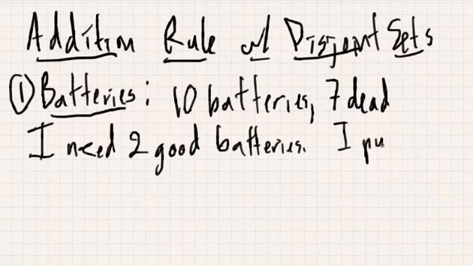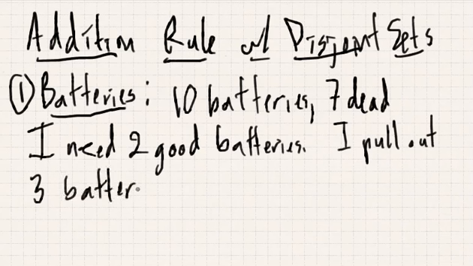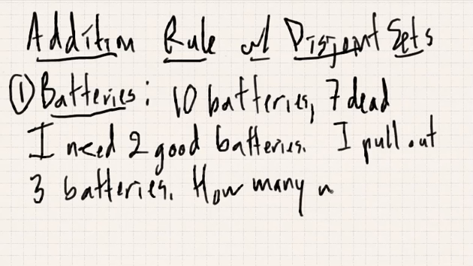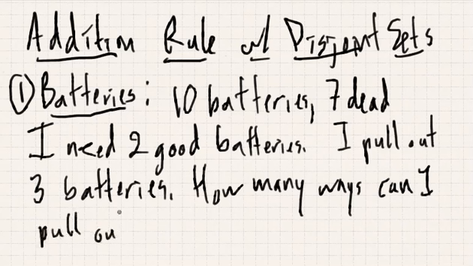I pull out 3 batteries at random of the 10. So how many ways can I pull out at least 2 good batteries?